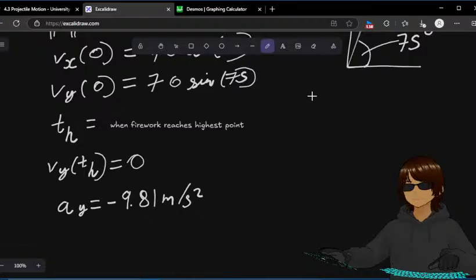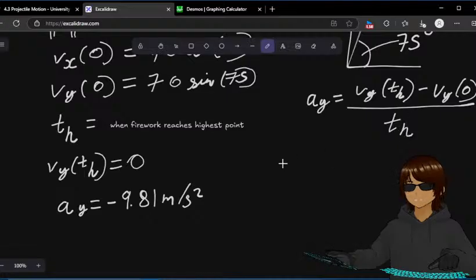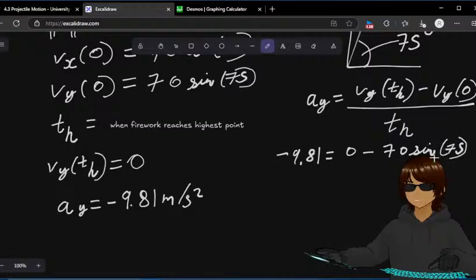And then we have the final velocity equals the initial velocity plus acceleration times time t_h, with minus 9.81. We have this as 0, and this as 70 sine 75.